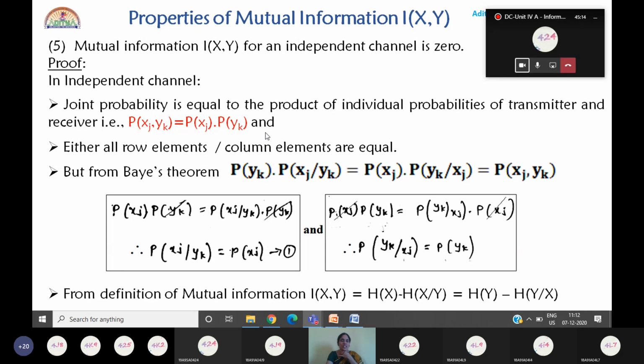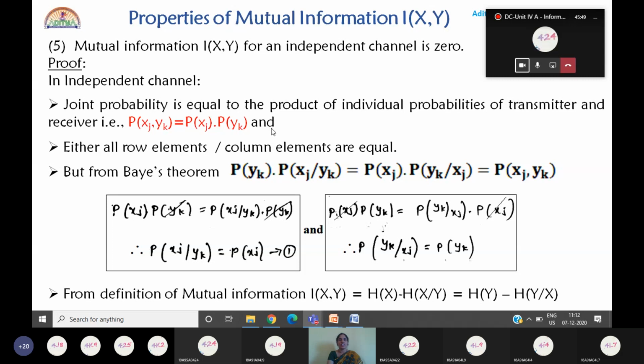This equation is based on one of the properties of independent events. I think you have studied it in probability theory and stochastics. So we can represent P of xj comma yk as P of xj into P of yk.